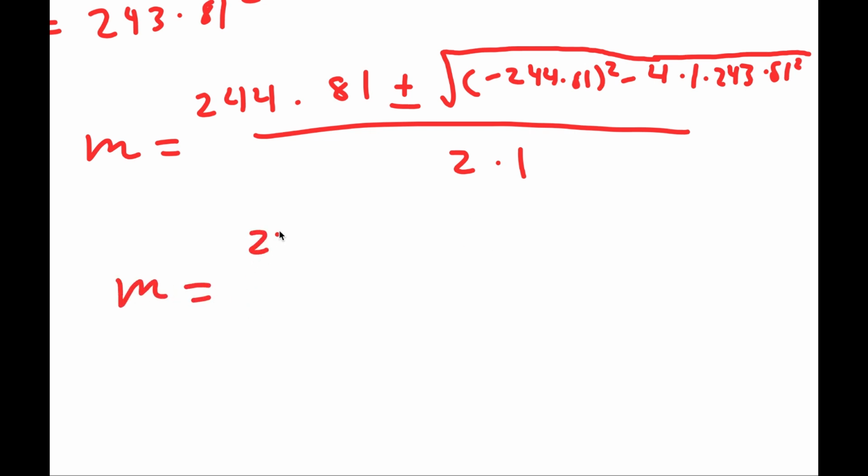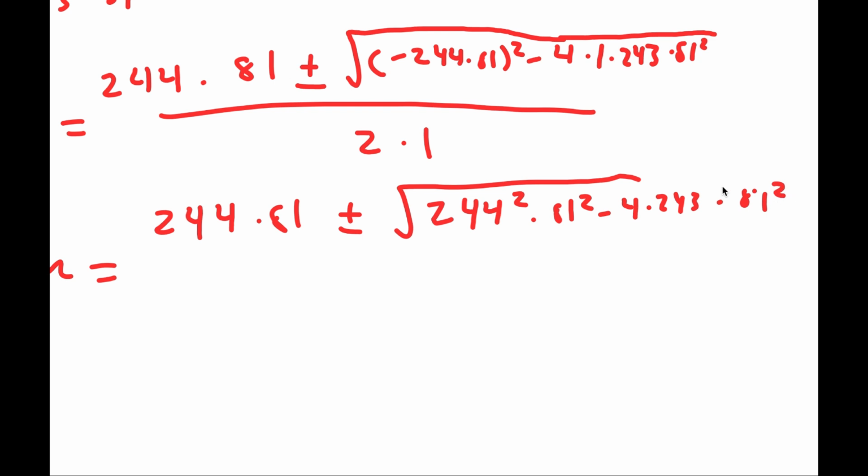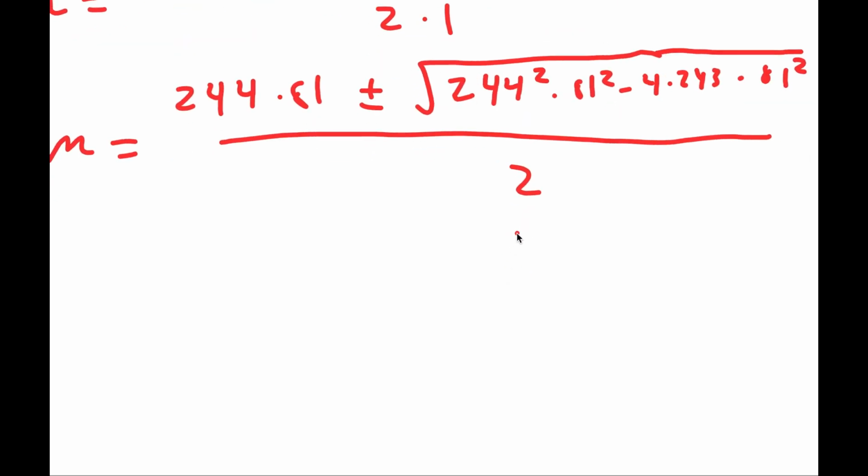Now this turns into 244 times 81 plus or minus the square root of 244 squared times 81 squared minus 4 times 243 times 81 squared, and all over 2. Now 244 squared, I'm going to rewrite as 4 squared times 61 squared.